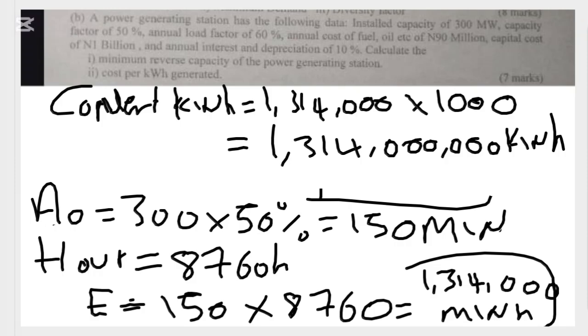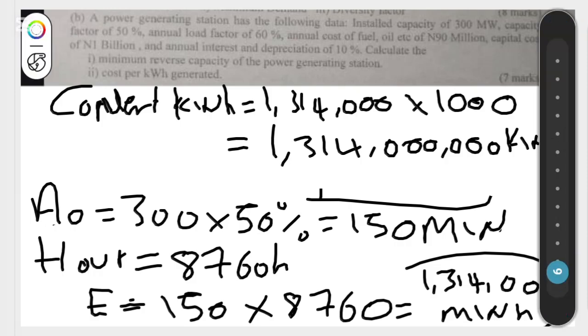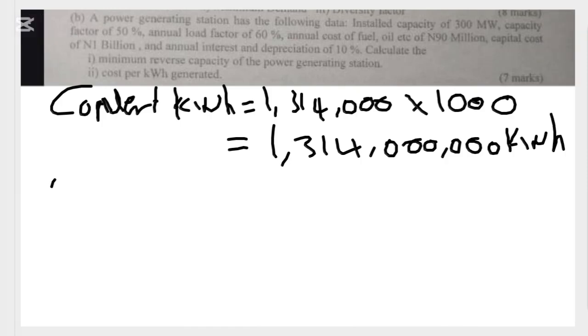So the next thing that I'm going to do is find the total cost per year, which is the fuel cost and the fixed cost. Let's first find the fuel cost.